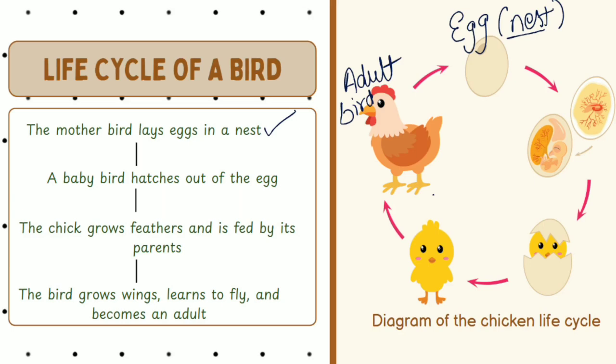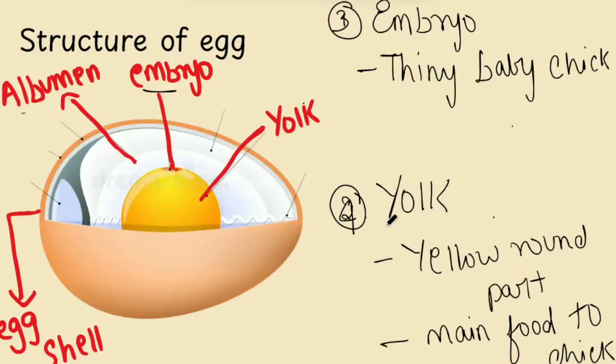And then what happens? Inside the egg, a small chick, a small baby bird, is growing. This is known as the embryo. We have seen this in the egg parts, right? In this egg, this part is an embryo, which is a tiny baby chick.